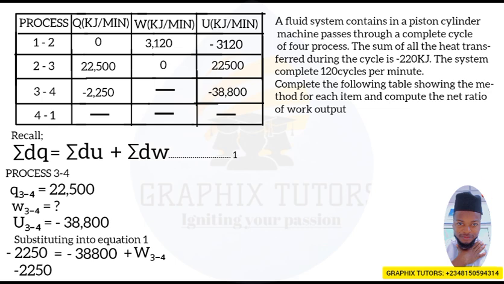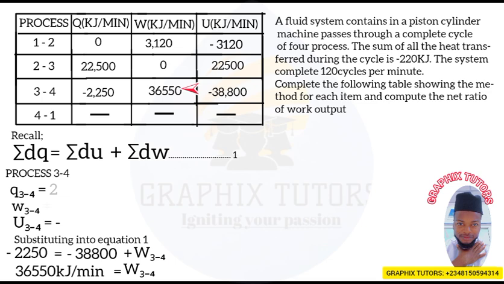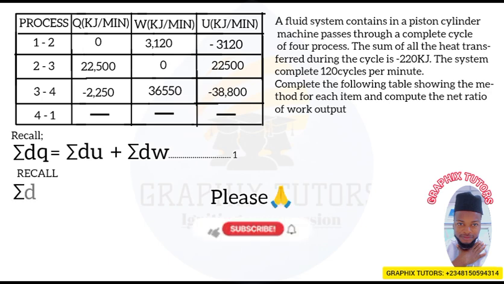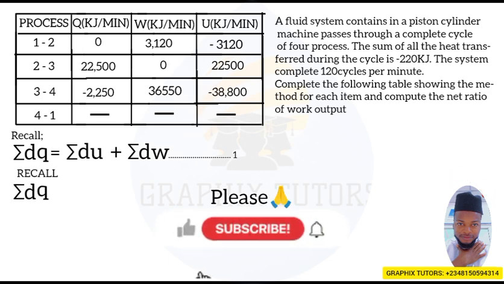The negative 38,800 comes to the left hand side and becomes positive, so we have plus 38,800 equals W3 to 4. That is the work done from state 3 to 4. Now, this will give us 36,550 kilojoule per minute.